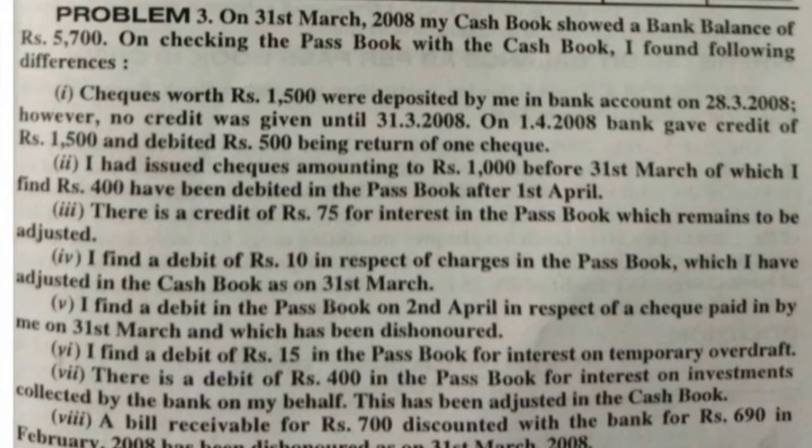It would have been debited in March only, but it is being debited in April, so the passbook is getting reduced in April, but in March it is still showing the increased balance by rupees 400. So the rupees 400 should be added to the balance as per cash book.